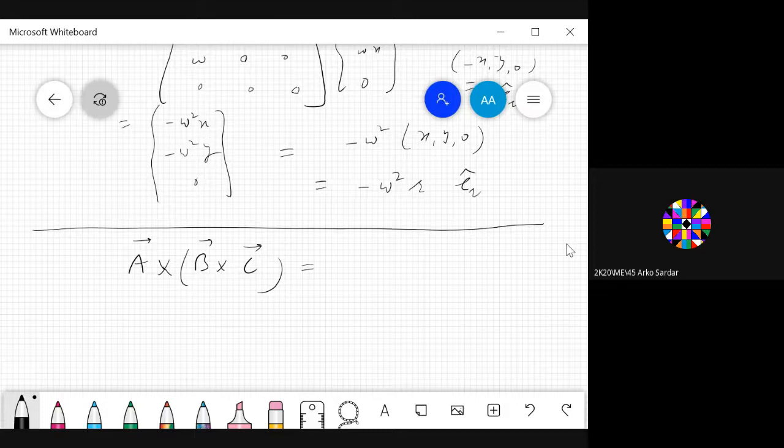Sir, A dot C into B minus A dot B into C. First thing is, you see, this is something perpendicular to the plane made by vectors B and C. Once you take cross product with A, it means your vector lies in the plane made by B and C. Is it okay? Yes, sir. So you should get B.